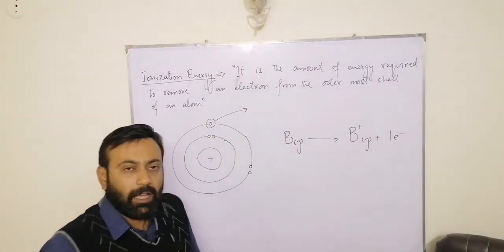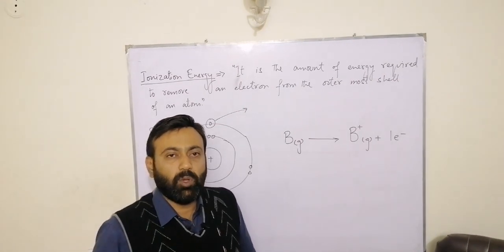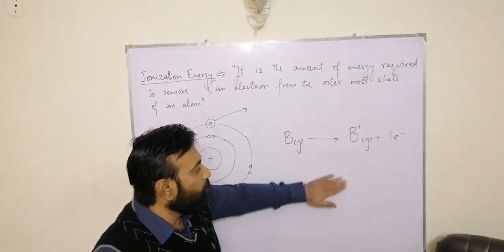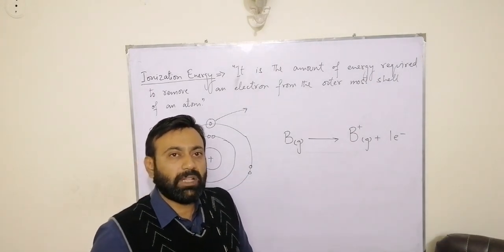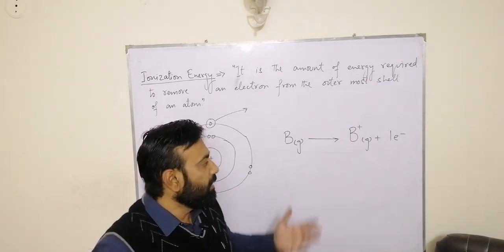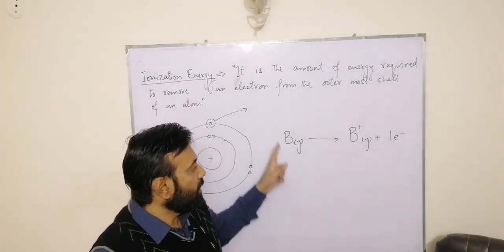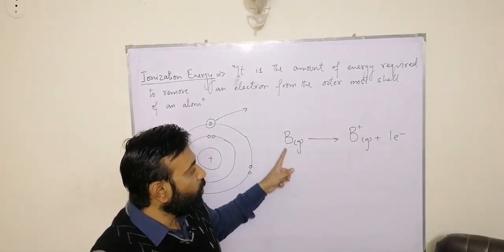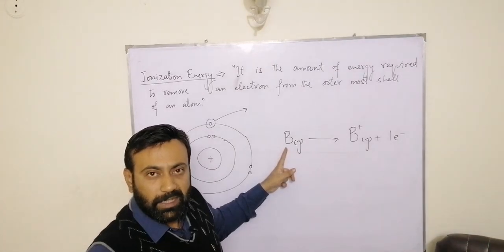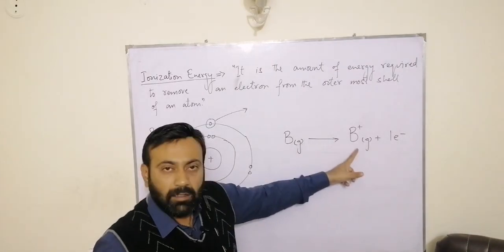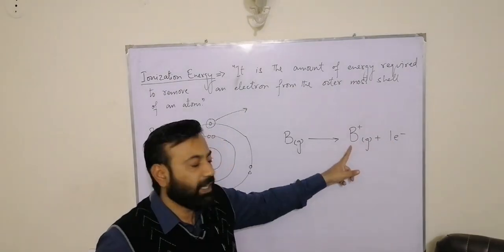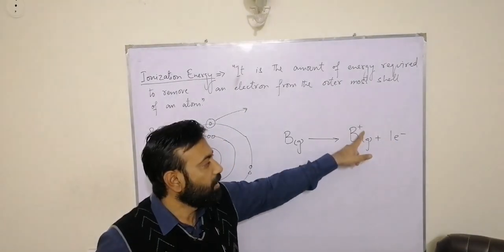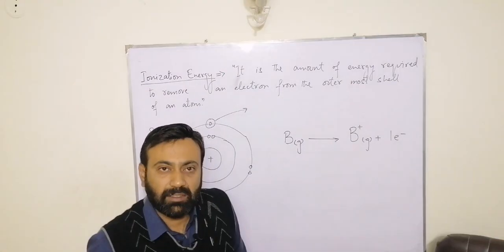Now, from the basic mole concept, we know that whenever we are talking about balanced equations, we do not talk about atoms or molecules directly. These are molar ratios. This means 1 mole of boron's gaseous atoms lost 1 mole of electrons, and they became 1 mole of unipositive gaseous ions.